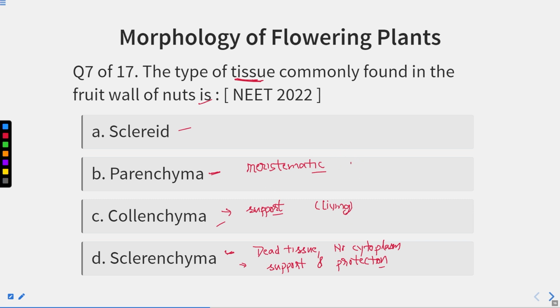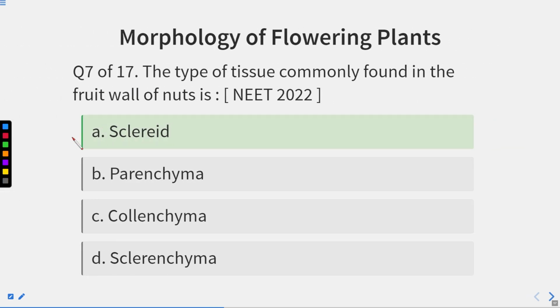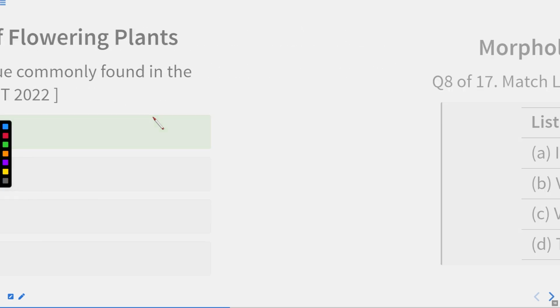Meristematic tissues are also living. Sclereid again is non-living. These are dead and they are a kind of sclerenchyma. So what should be the answer here? Sclereid. Sclereid is a tissue commonly found in the fruit walls of nuts.